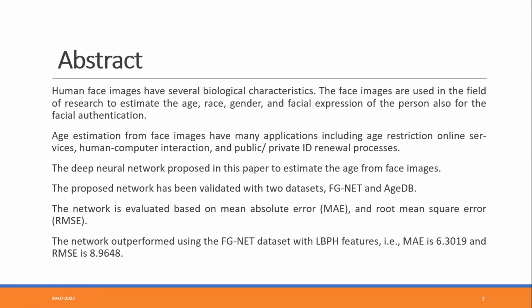I evaluated my results based on two parameters: mean absolute error and mean square error. As a result, I got a mean absolute error of 6.3 years and a mean square error of 8.9 years using the LBPH features.